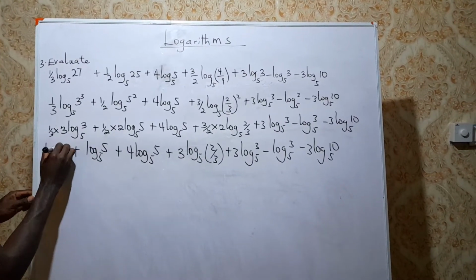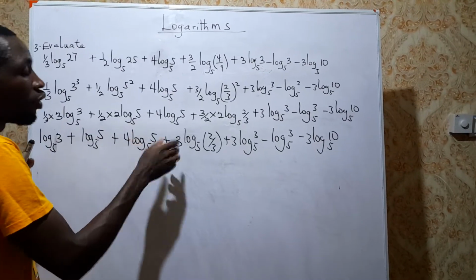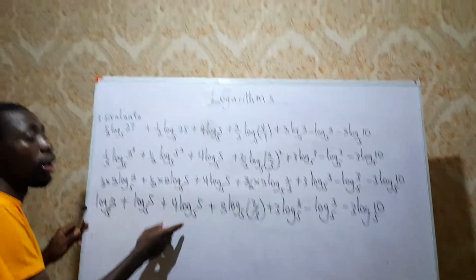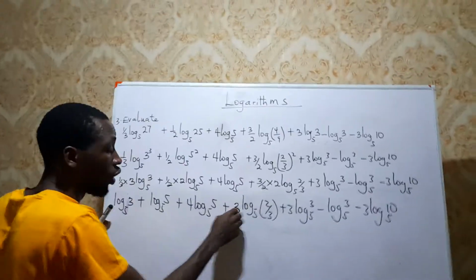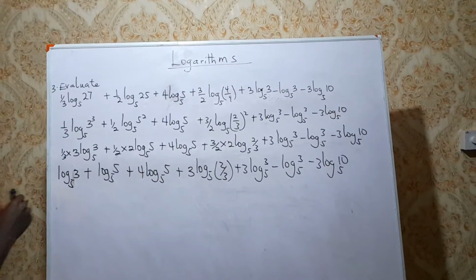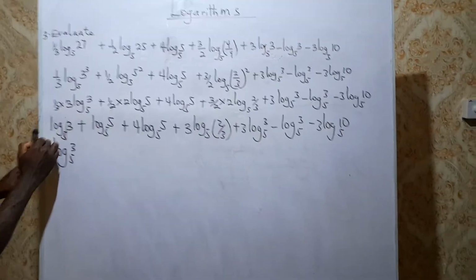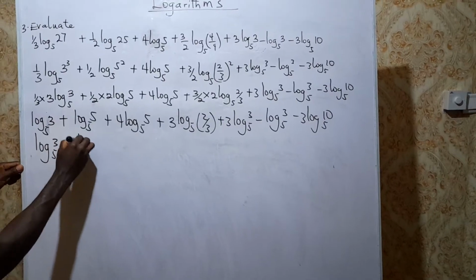Now we apply the laws here again. Let me write this very well. We apply the laws for those that do not have a coefficient of 1, like they have a distinct multiplying. We bring them up to become the exponent of the logs. So we have log 3 base 5. This one is 1, so we don't have a problem there.